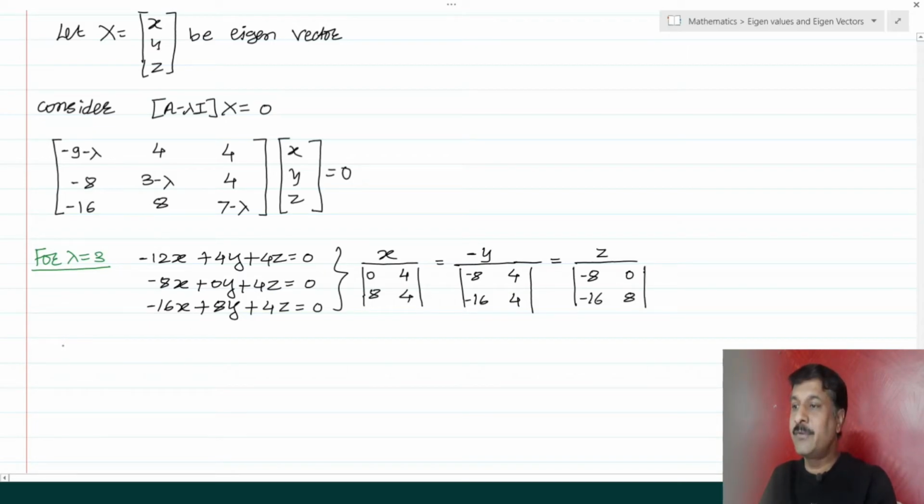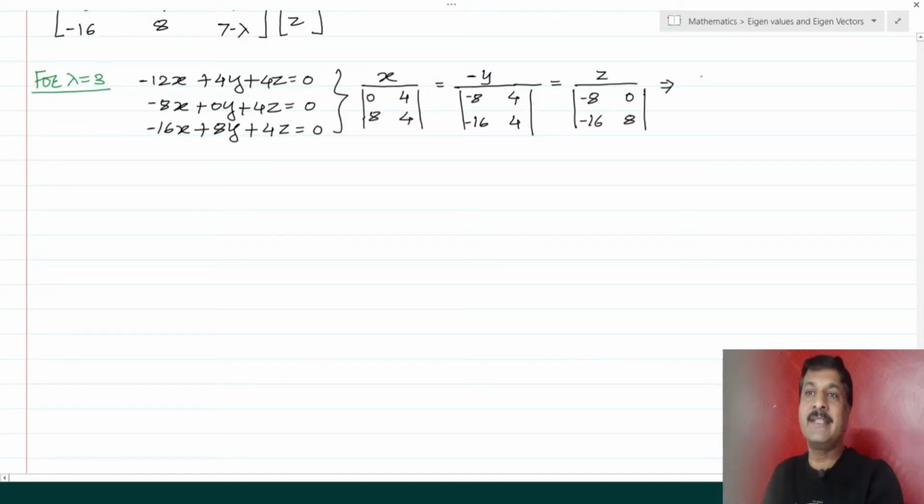So, therefore, the values of x, y, z are: this implies x upon 0 minus 32, minus y upon minus 32 plus 64.